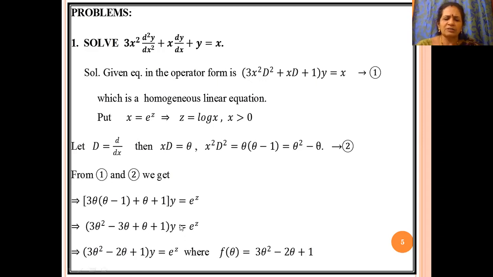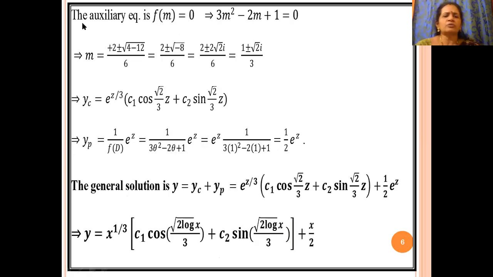Now consider the auxiliary equation from this. So f of theta can be written as 3 theta square minus 2 theta plus 1. So the auxiliary equation is f of m is equal to 0, taking m in place of theta. From that, find the factors of m. We will get m equal to 1 plus or minus root 2 i divided by 3.